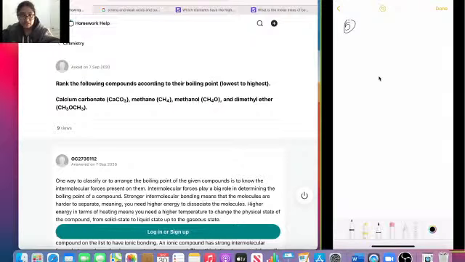Number 5, rank the following compounds according to their boiling point, lowest to highest: calcium carbonate, methane, methanol, and dimethyl ether. One way to put in order the boiling points of the given compounds is to know the intermolecular forces, because they play a big role in determining the boiling point and how much energy is needed to break that bond.